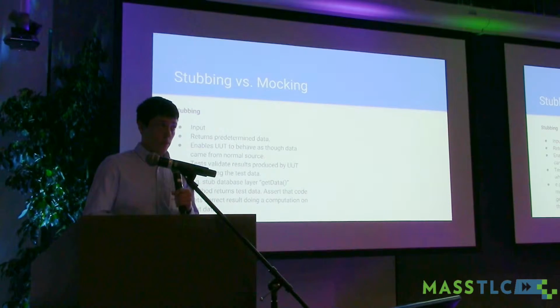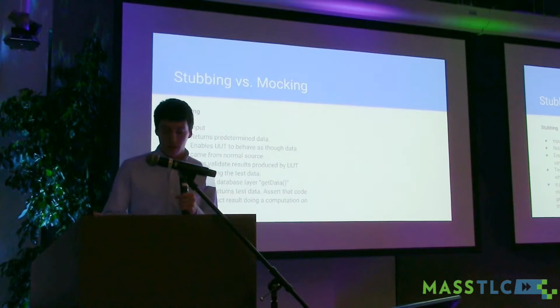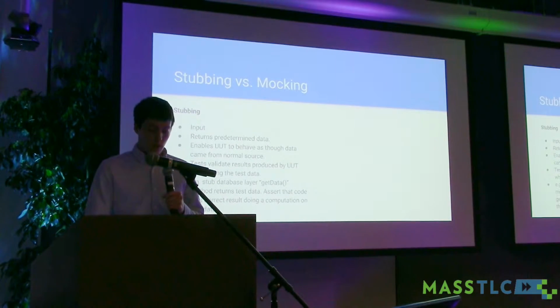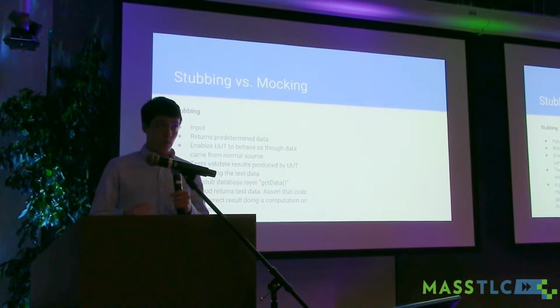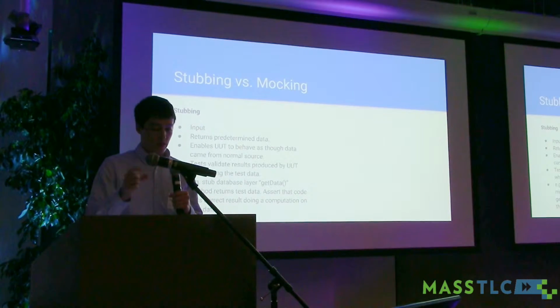It lets you set up a fake thing, whether it be a fake object or a fake service, that provides test data. So the unit under test can ask for this data as though it was interacting with a real thing in the production environment, even though it's actually a canned response that you set up.